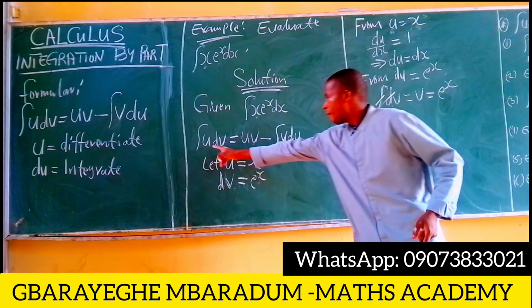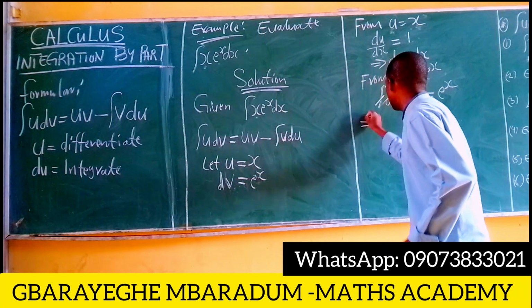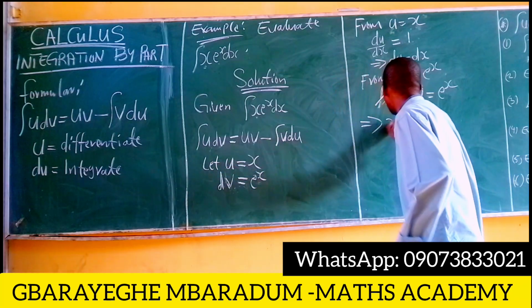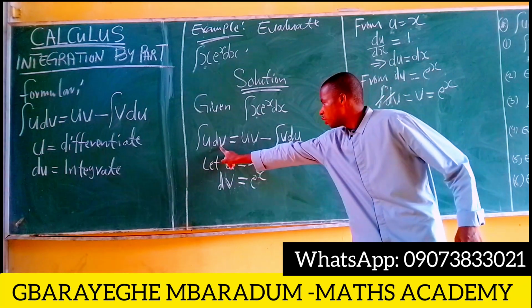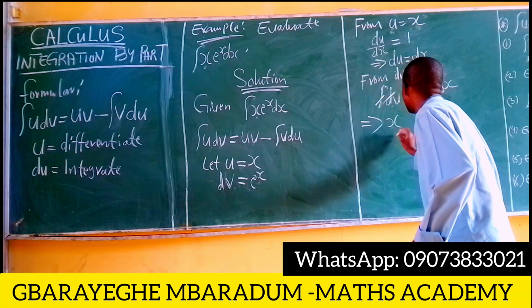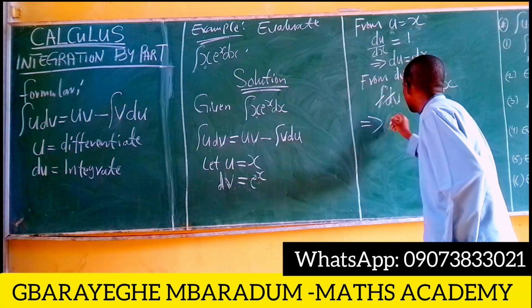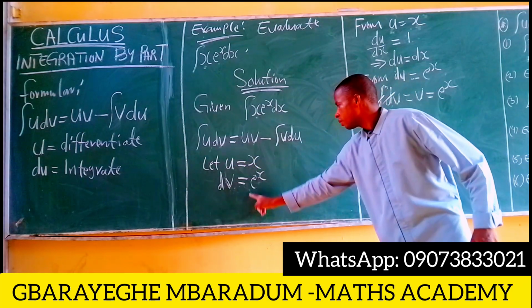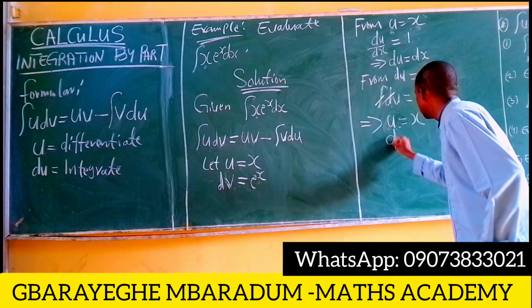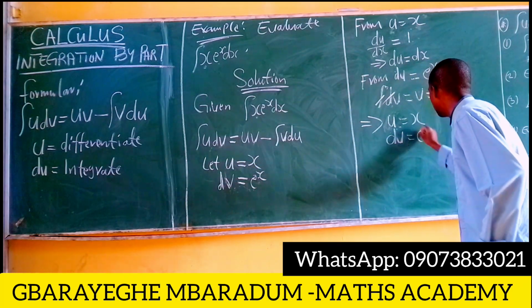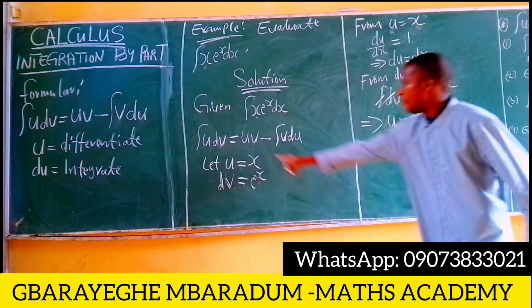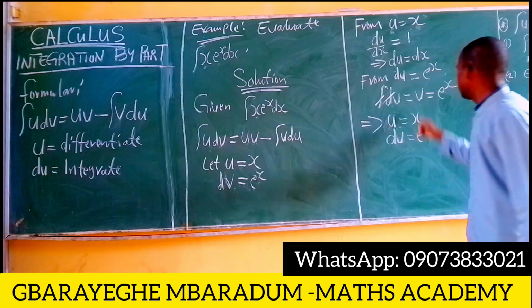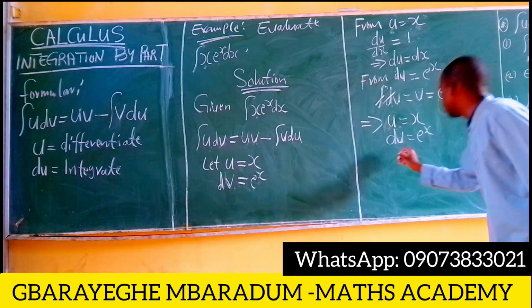Now we have all our parameters. Our u is x. Our dv is exponential x. Our v is the same thing as exponential x.